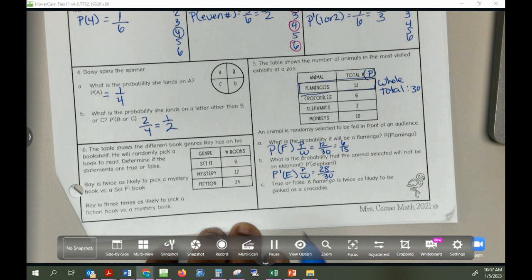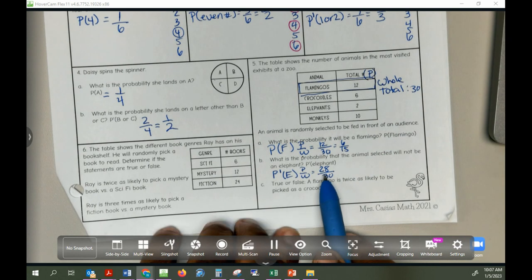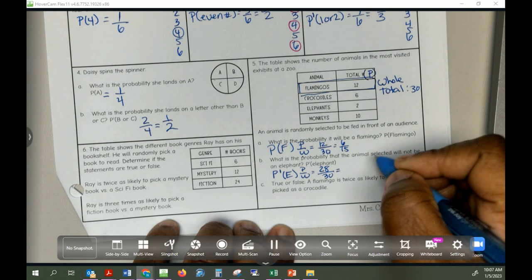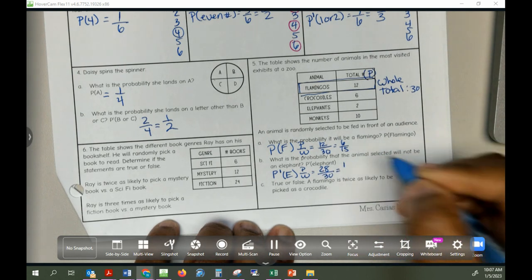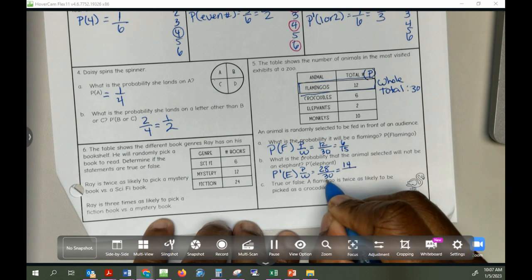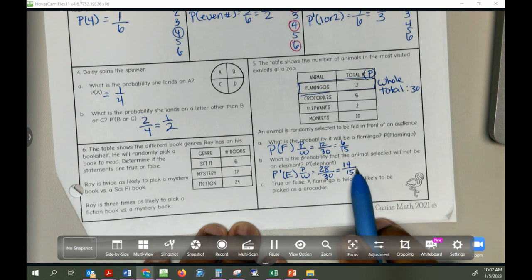Again, this is her question. We're going to divide by 2. Thank you. All right. So Nina, what's 28 divided by 2? I thought I heard 14, but did I hear 14? Okay. 14. And then 30 divided by 2 is what? 15. So 14 15ths. Yes.